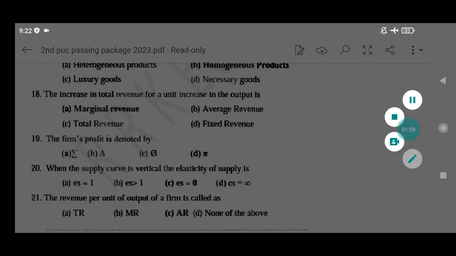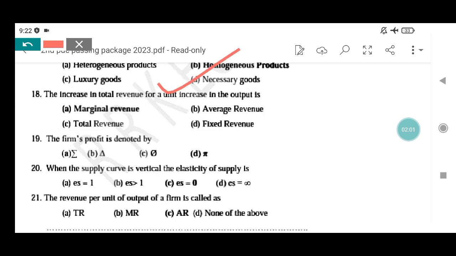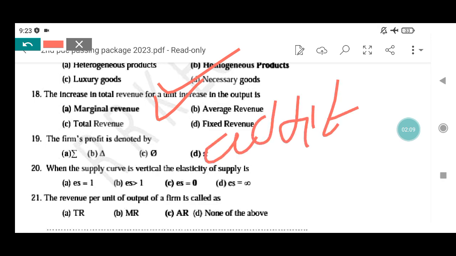So the increase in total revenue for a unit of increase in output is considered as marginal revenue. It is also considered as additional revenue, or you can say delta. Delta means change in the total revenue per unit of change in the output. So if the word change is included, that is purely marginal revenue.